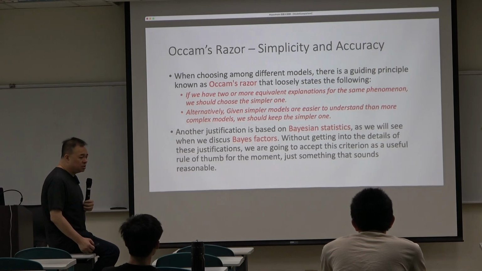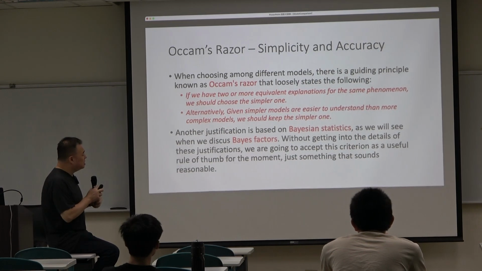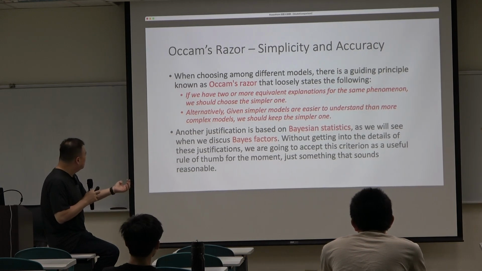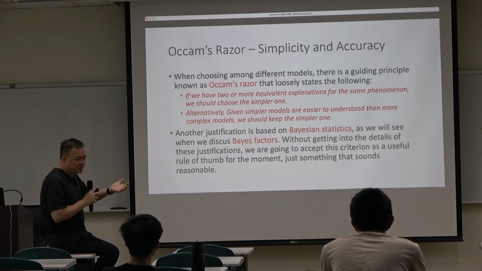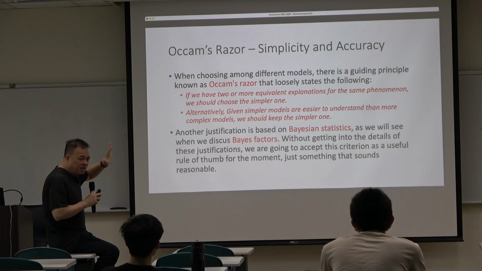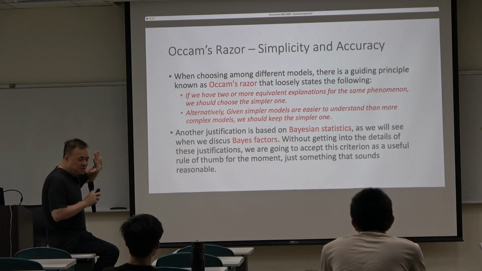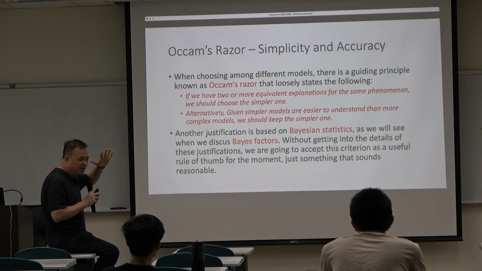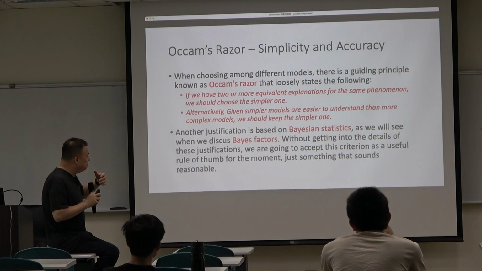So the first statement tells you a simpler explanation is preferred over the complex explanation if they have roughly the same explanation ability for a certain phenomenon.